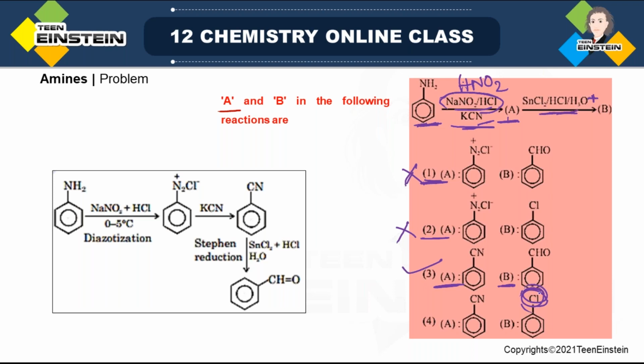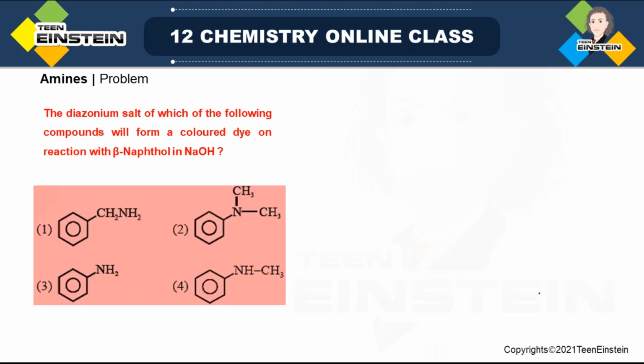Normally we use chlorine gas in presence of some catalyst. So that information can also help you to choose the correct option, because if chlorobenzene is not produced, obviously now only one option is left, which is option 3.